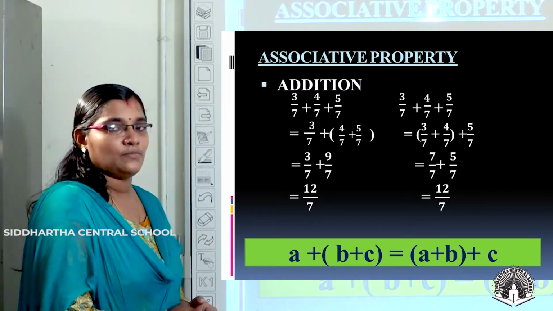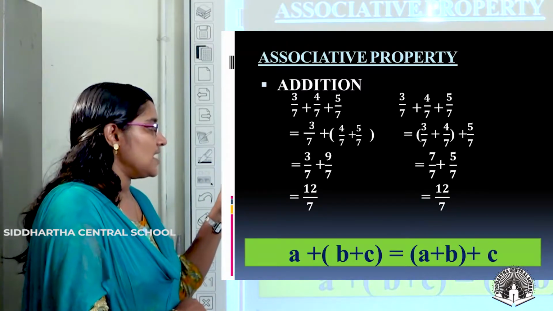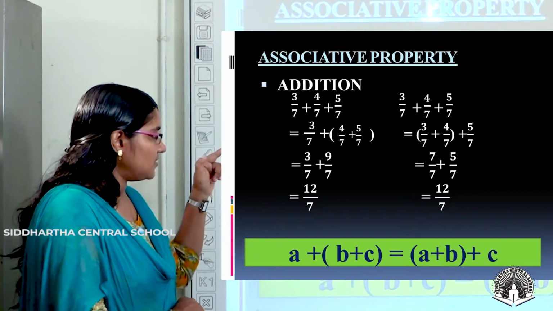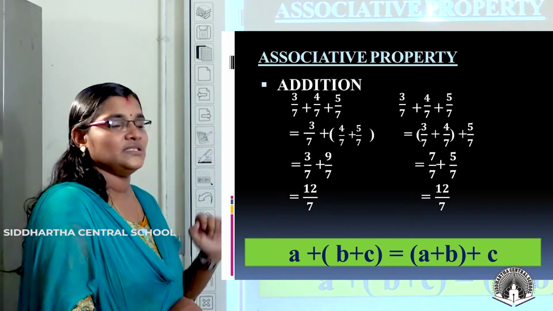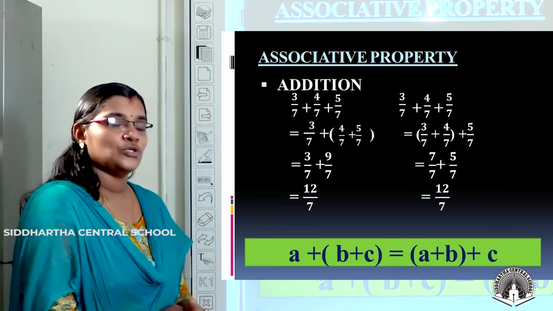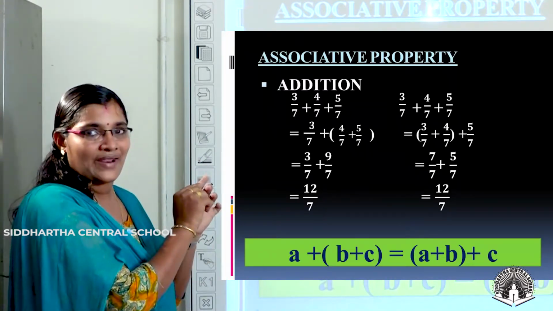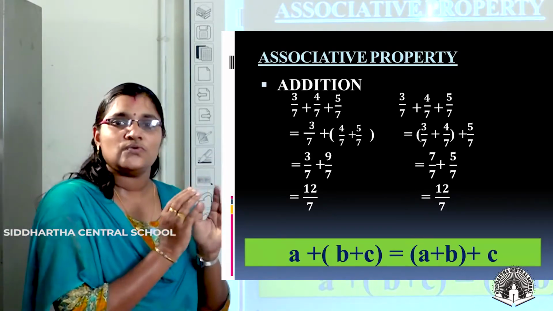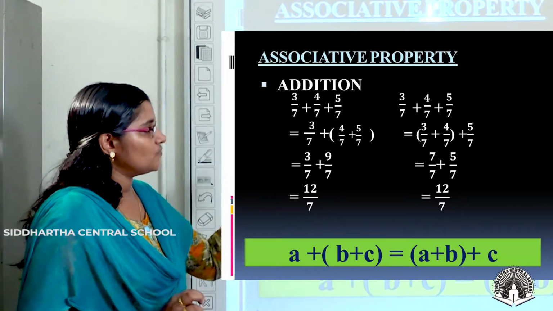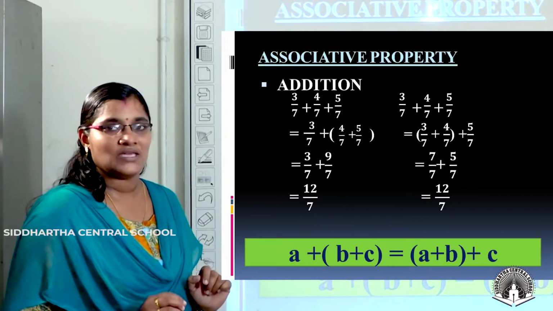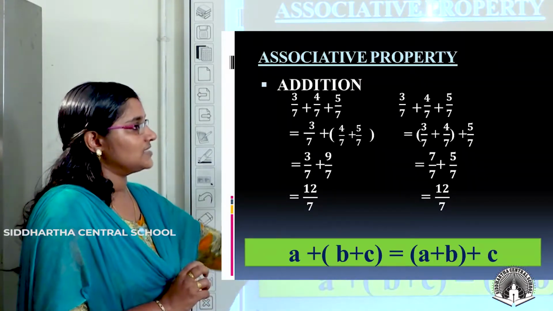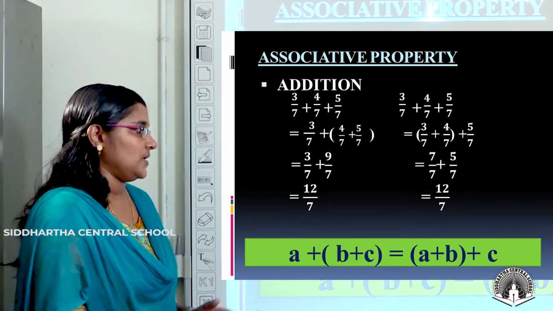So 4 by 7 plus 5 by 7. What is the answer? 9 by 7. Then 3 by 7 plus 9 by 7. So what is the answer? 12 by 7. Here we put the bracket on the last two. Next, we take the first two together. So next is 3 by 7 plus 4 by 7 in one bracket, plus 5 by 7.